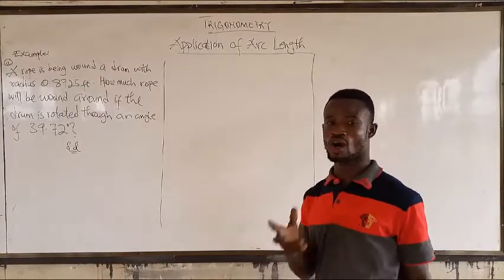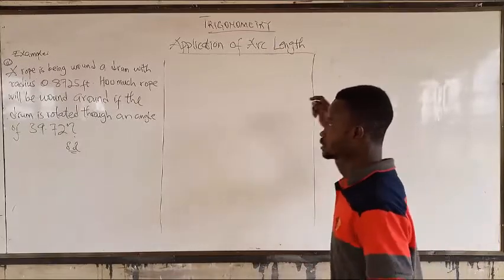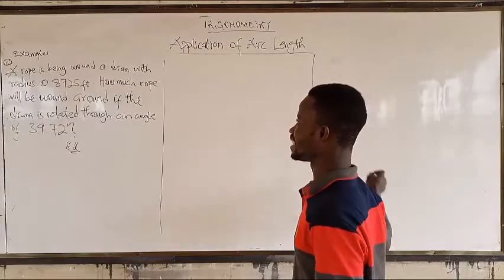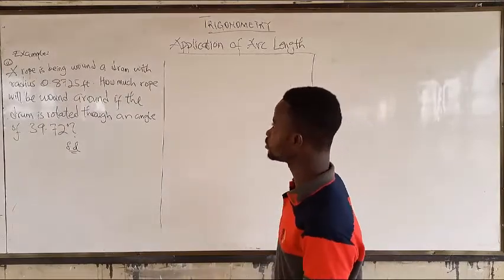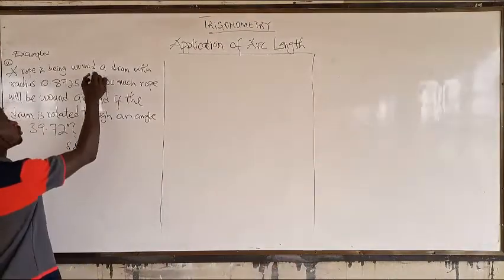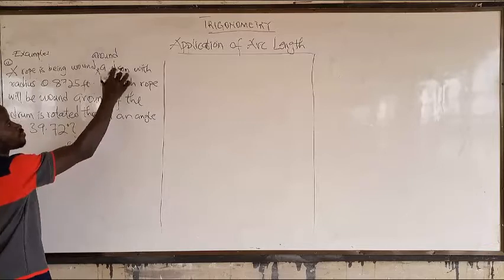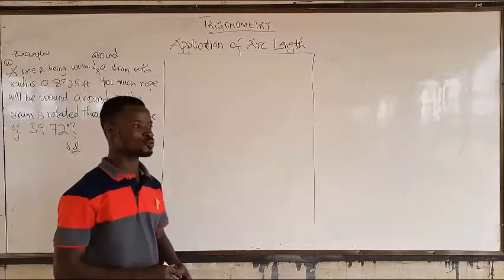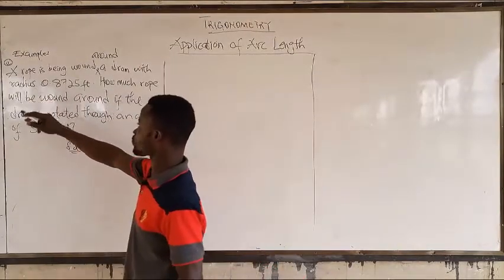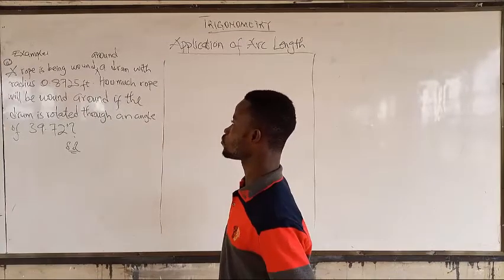A rope is being wound around a drum with radius 0.8725 feet.